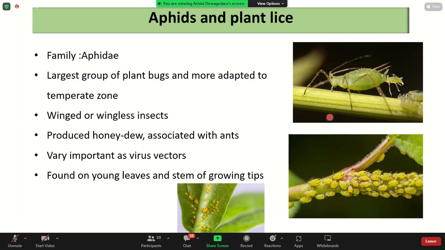Chili leaf curl virus is there in that field. So when a white fly pierces and sucks the sap from a virus-diseased plant and goes to a healthy plant and sucks sap from the healthy plant, they act as vectors of virus disease.